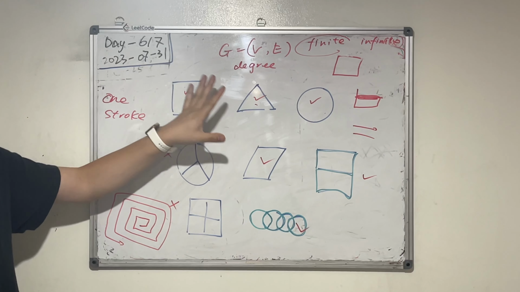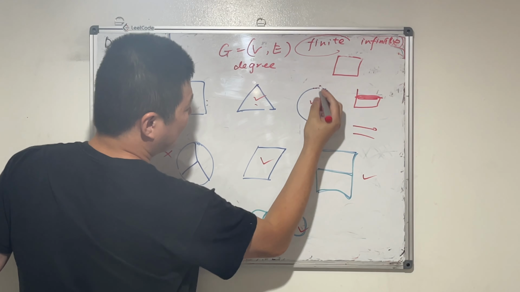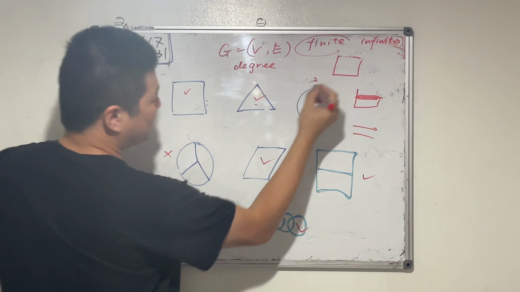Does a circle have a vertex? No, 0, or you can say infinity, lots of these vertex. And each vertex, the number of edges connected to it is 2.